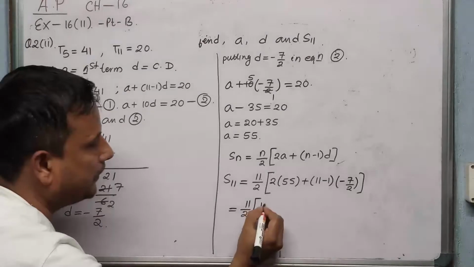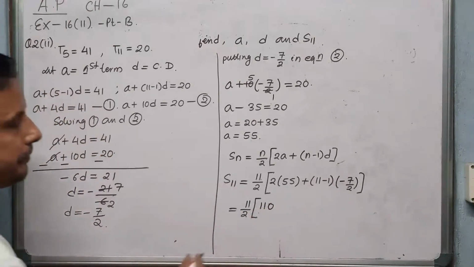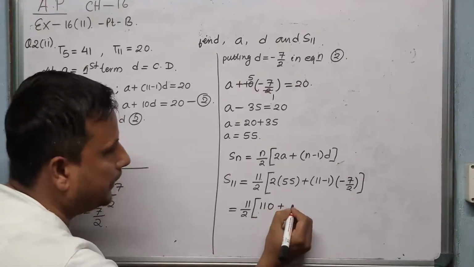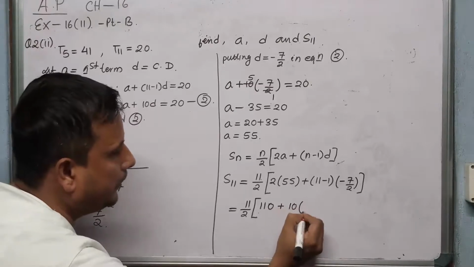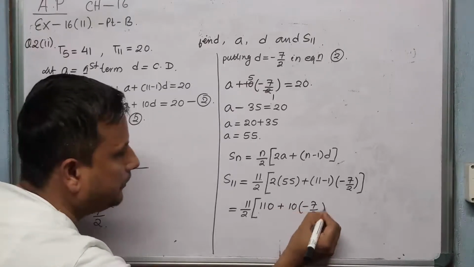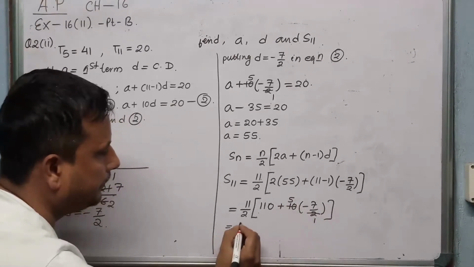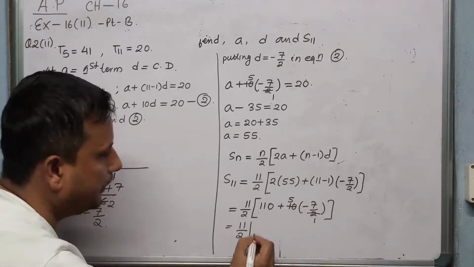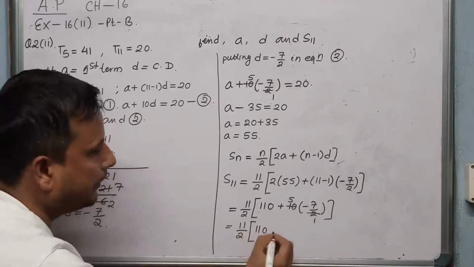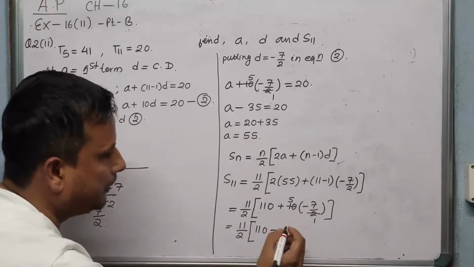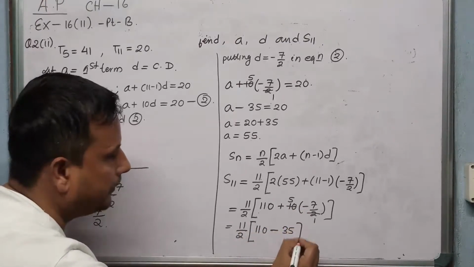It is 11 over 2. 55 into 2 is 110. And this one will be 10 into minus 7 over 2. 2 5s are 10. 11 by 2 into 110 minus 35.